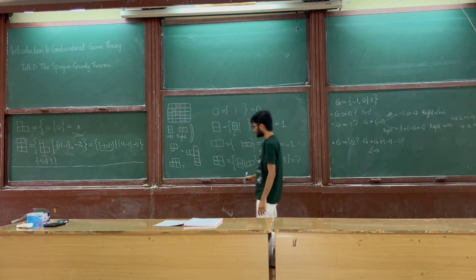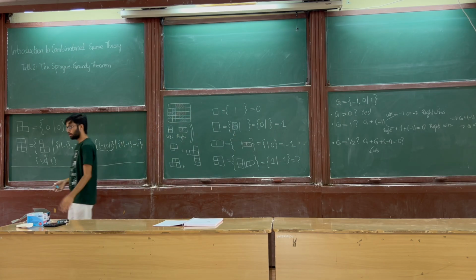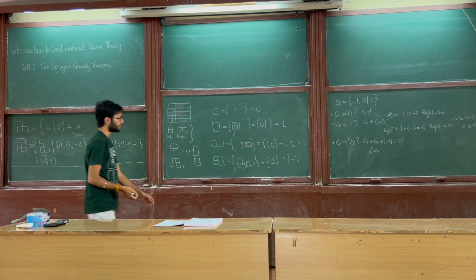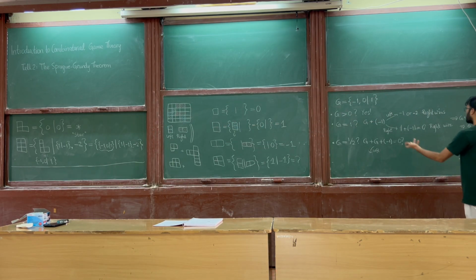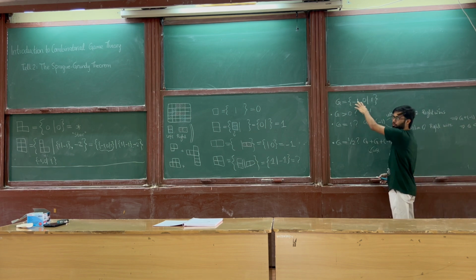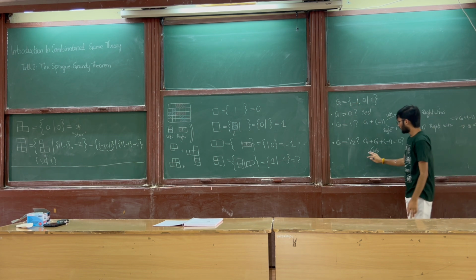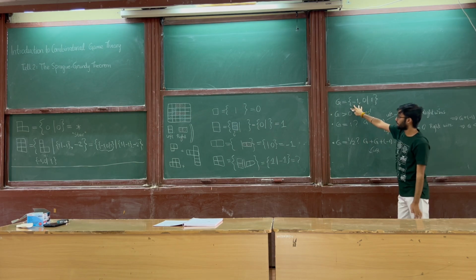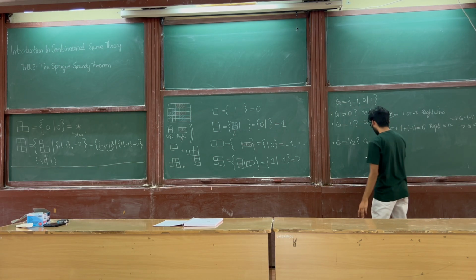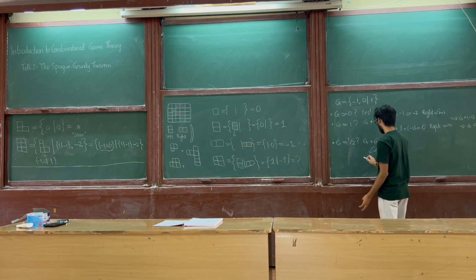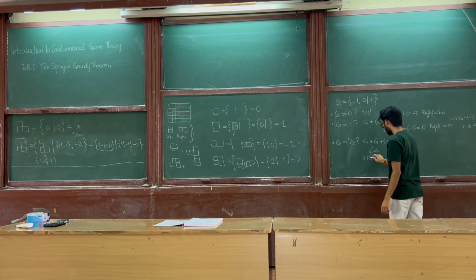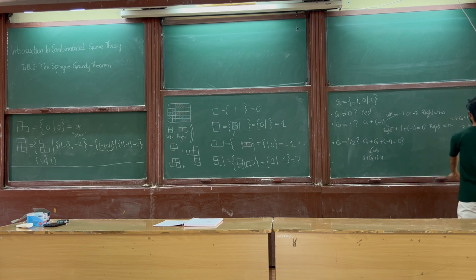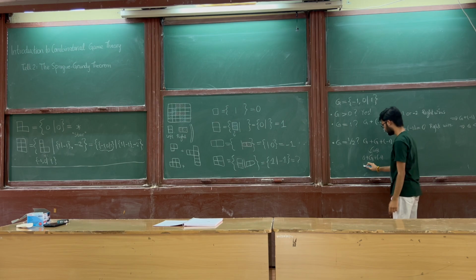It is intuitively clear that 0 is better for left than -1. We'll make this more precise later on, but intuitively, why would you want to give your opponent a free move when you don't have to? So I'm not going to do the analysis with the -1. You can do it yourself if you want, but for now, let's just say left goes to 0, and so the game that remains is 0 plus G plus -1, and G plus -1, as we saw, is negative. Right wins always, so right wins.